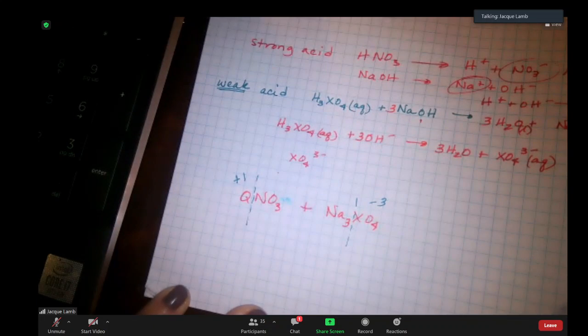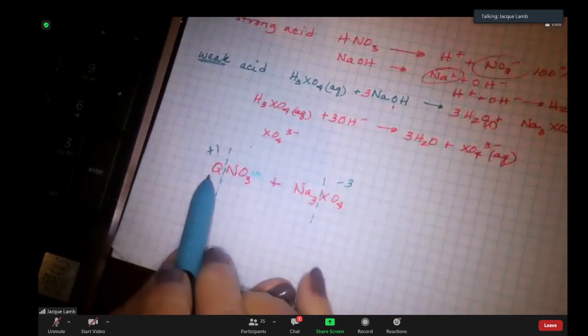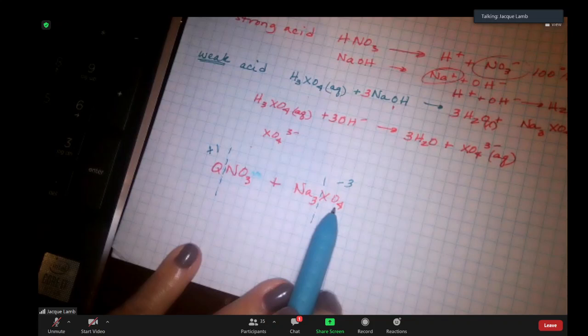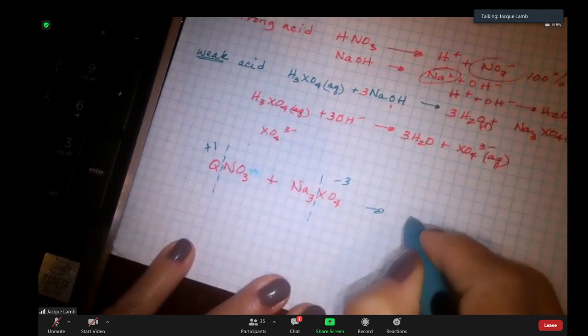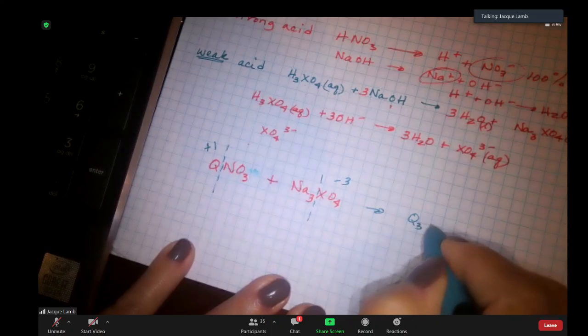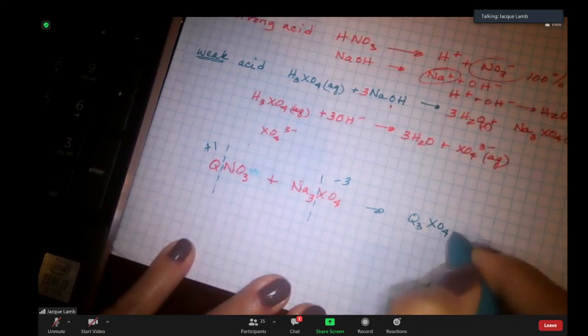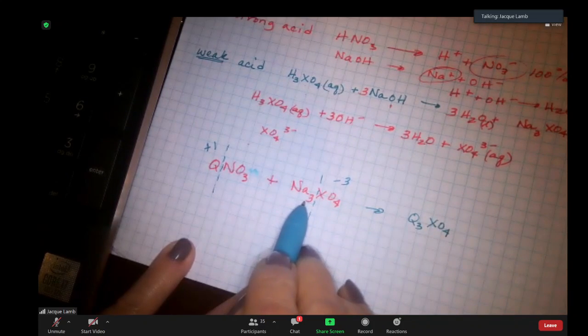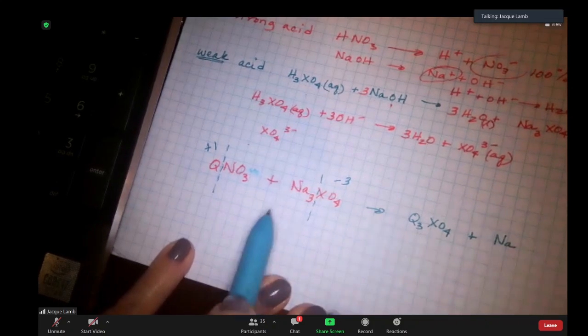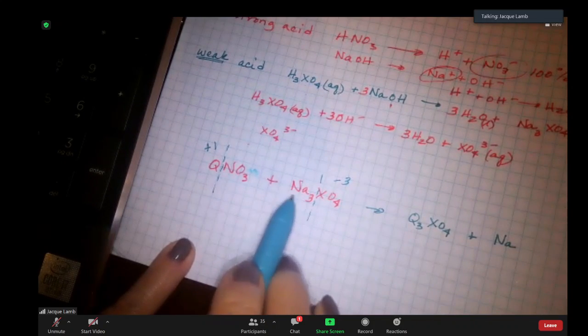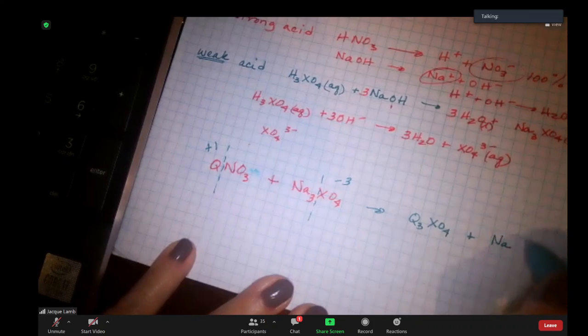Now, when you form your compound, you're going to need 3 Qs to balance the charge of an XO4. So this is going to become Q3XO4. And the other compound is sodium nitrate. I had a number of people give me Na3NO3, which makes no sense.